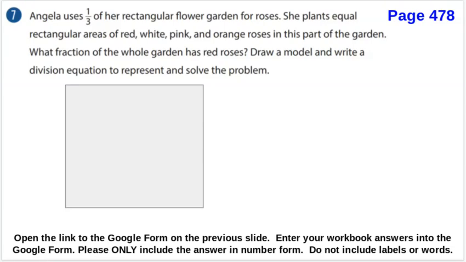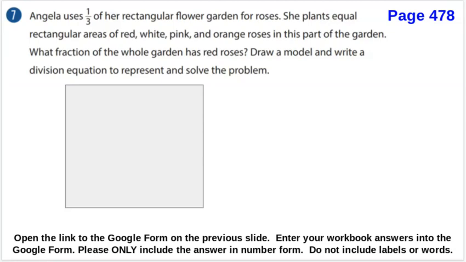That 1/3 piece needs to be fair shared between the 4 different colors: red, white, pink, and orange. So there are 2 parts to this question. One, you need to come up with a division equation to represent this problem, and 2, you need to solve it.